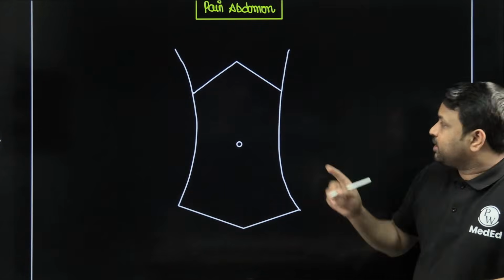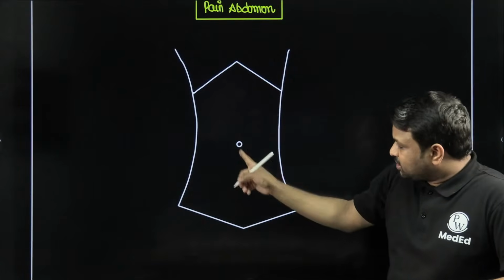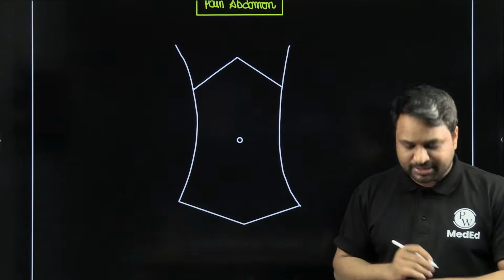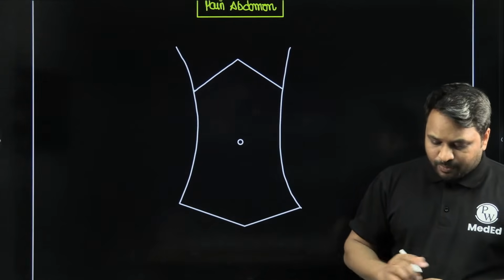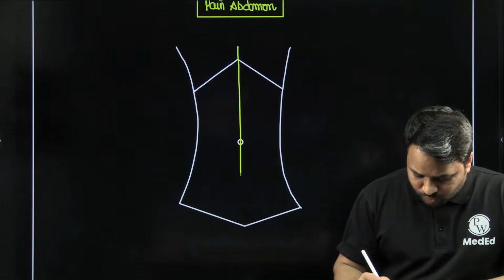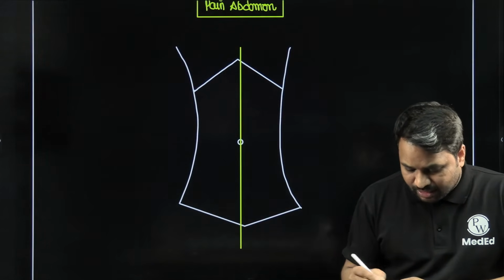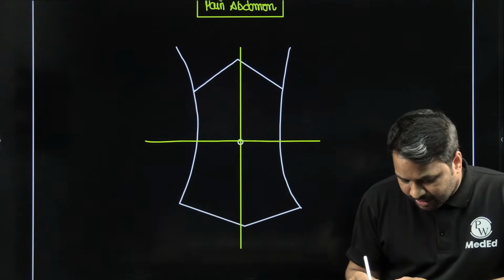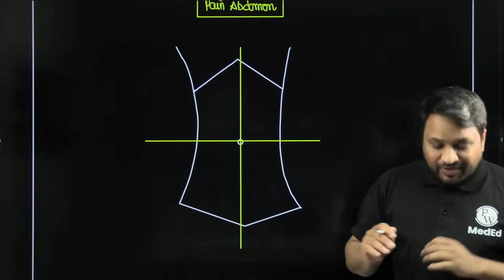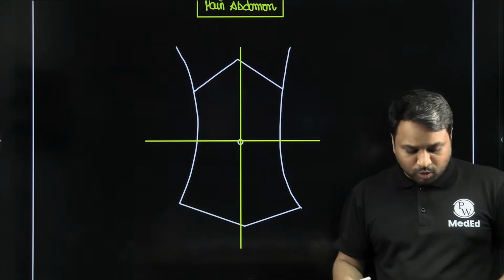Xiphisternum to umbilicus, umbilicus to pubic symphysis is going to be the same distance. Now, when you talk about the abdomen, I can divide the abdomen into 4 quadrants. If I take umbilicus as the center and I draw 2 lines crossing perpendicular at the umbilicus, I've now divided the entire abdomen into 4 quadrants, right?